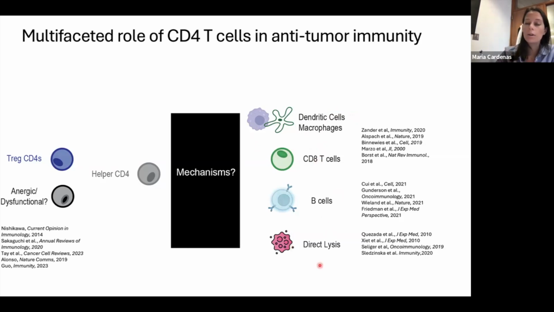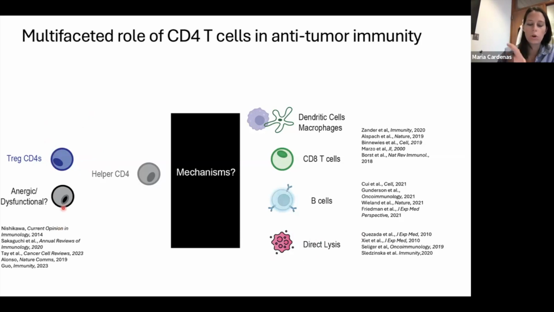And there's some talk that there might be cytotoxic CD4 T cells that can actually directly lyse cancer cells. But there's another side of the literature that suggests that all of the CD4s that go into the tumor response are potentially suppressive and or dysfunctional.